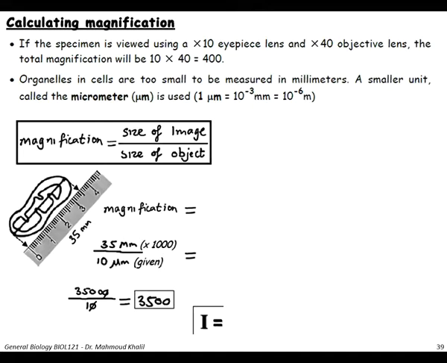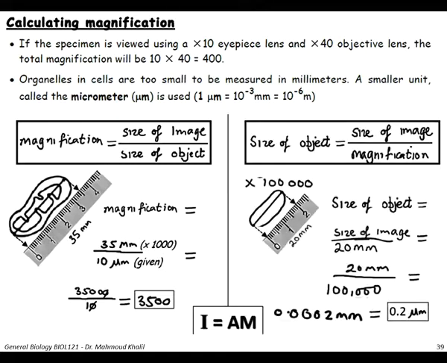So if you reflect that on the equation, you'll have magnification equals size of the image, which is 35 millimeter, over the size of the object, which is sometimes given, 10 micrometer, and you need to have both the numerator and denominator in the same unit. So you need to convert the 35 millimeter into micrometer by multiplying by 1000. Soon you will find that the magnification in this figure will be 3500. So this is how we calculate the magnification using the law.